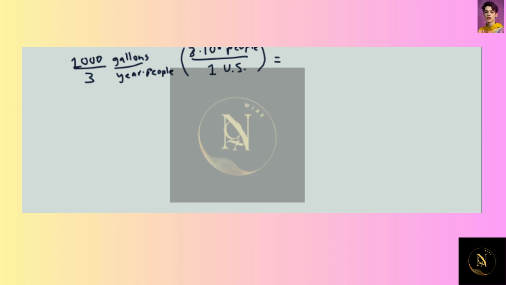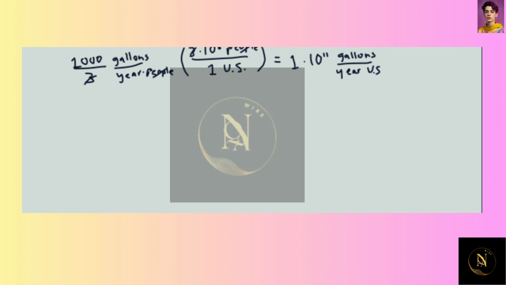We can see that this 3 will cancel out with this 3, and we're adding 3 zeros onto here, so we're left with 1 times 10 to the 11. Peoples cancel out. Gallons per year in the United States.